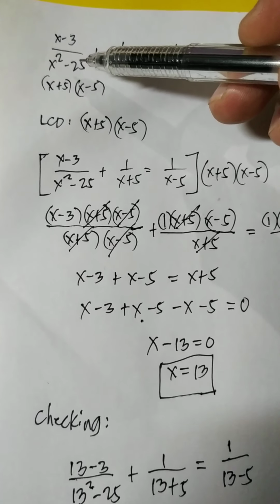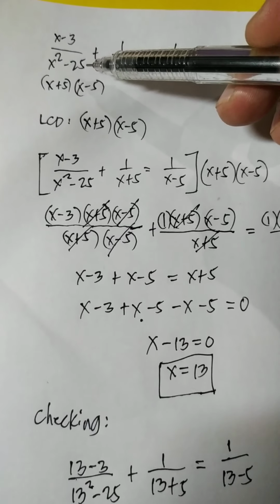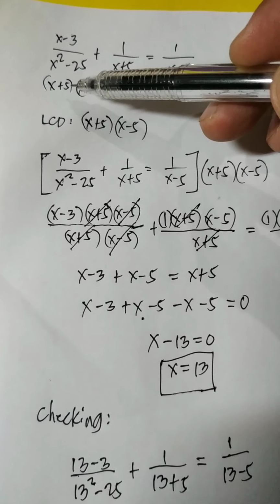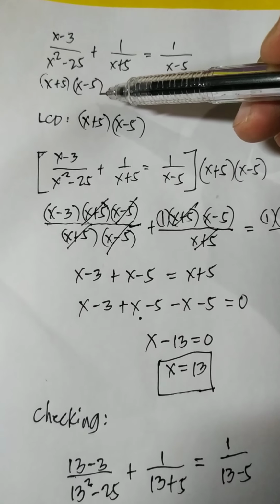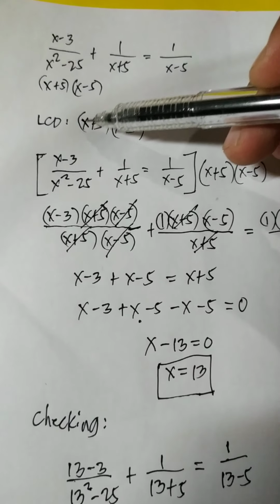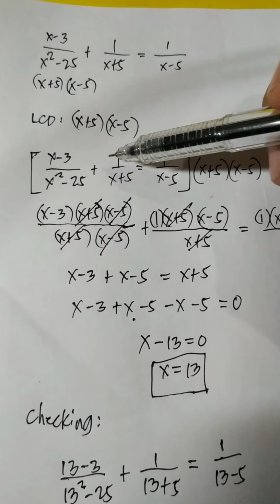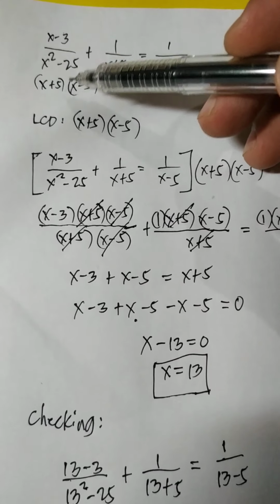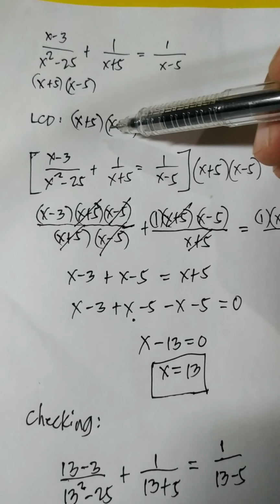We factor x squared minus 25 because this can be factored. Its factor is x plus 5 times x minus 5. To find the LCD for this expression, we first copy x plus 5 then x minus 5.